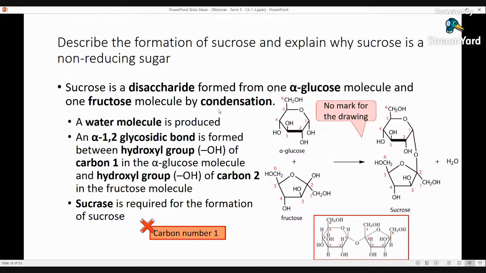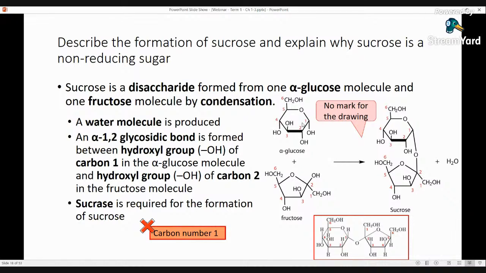Then, even though we already mentioned condensation, students also need to write that a water molecule is produced. Remember, it's a water molecule. And you need to describe how the alpha-1,2 glycosidic bond is formed. Since we are using alpha glucose, an alpha-1,2 glycosidic bond is formed.